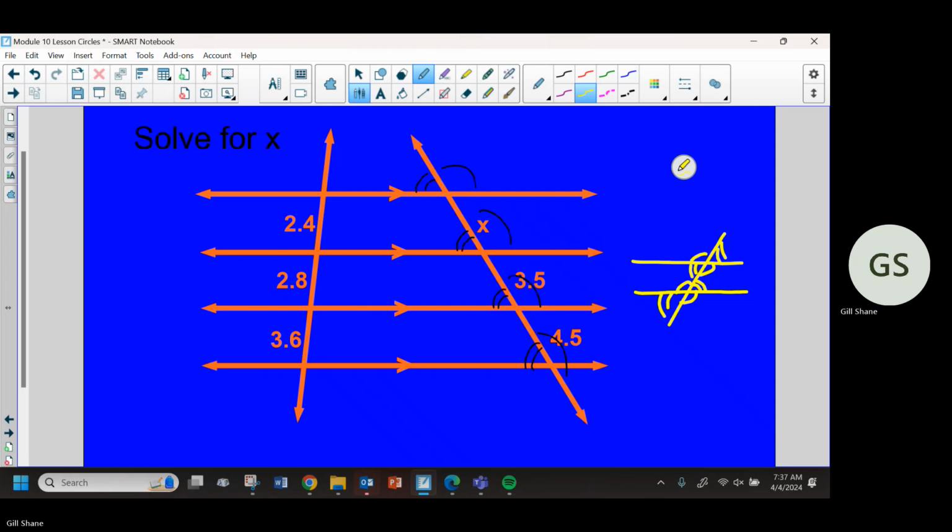We just have more parallel lines and more transversals. So I'll change colors to show that all of these are congruent, and all of these are congruent as well. 3 there, and 4 over here. You get a whole bunch of congruent angles.